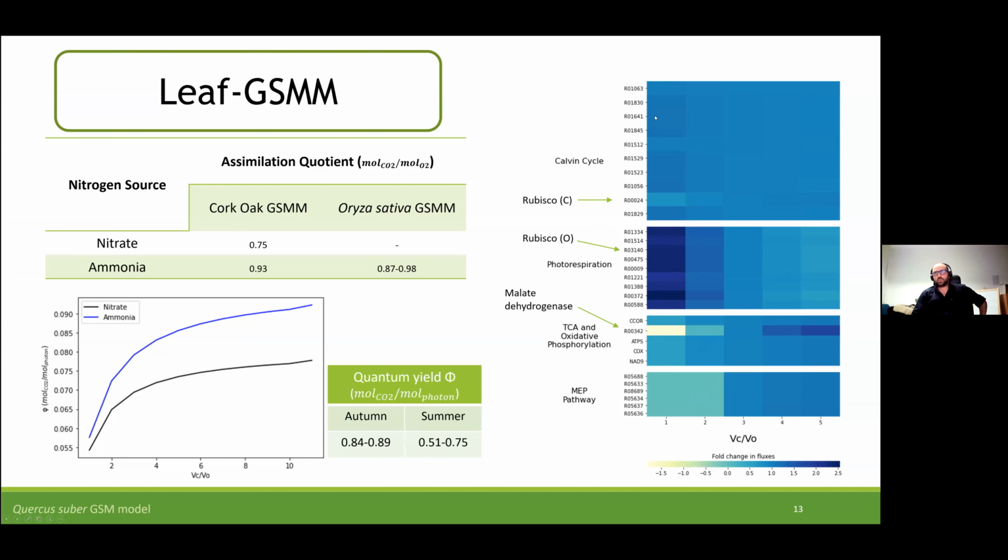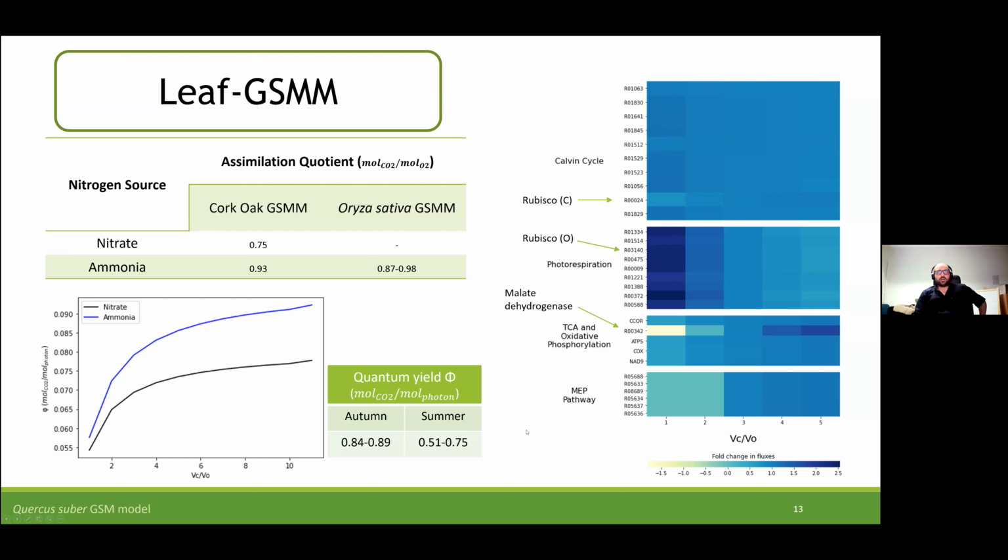And also in the Calvin cycle, we can see that the Rubisco reaction involved in carboxylation has a decrease in fold change, and it also impacts a little the Calvin cycle, increasing a bit the flux in the other reactions of the same cycle.